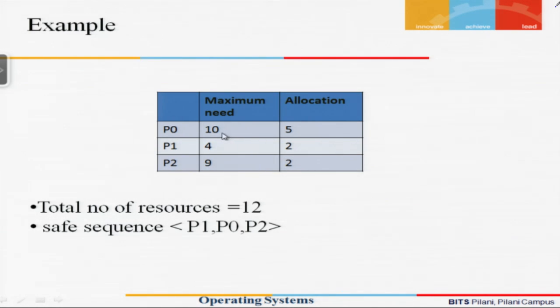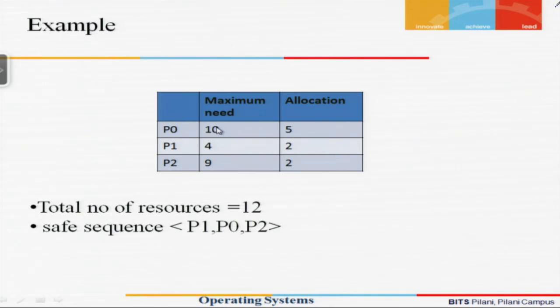Now we know that we can allocate 5 resources to process P0. We know here that P2 cannot be started because P2 requires 7 resources, whereas the available resources are 5. So P2 cannot be the next process. So we go back and check P0, and we find that P0's requirement can be met because availability is 5, and P0 may make a request for 5.